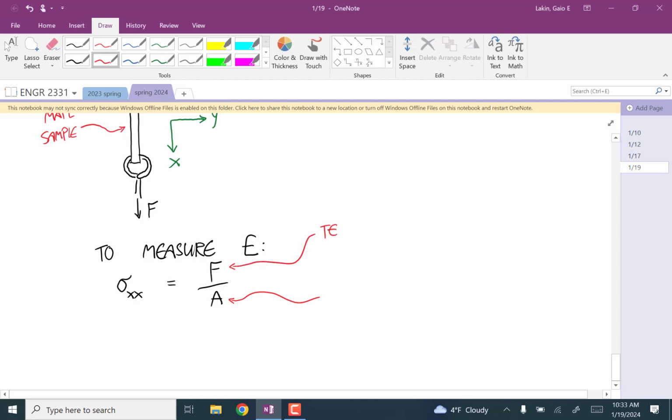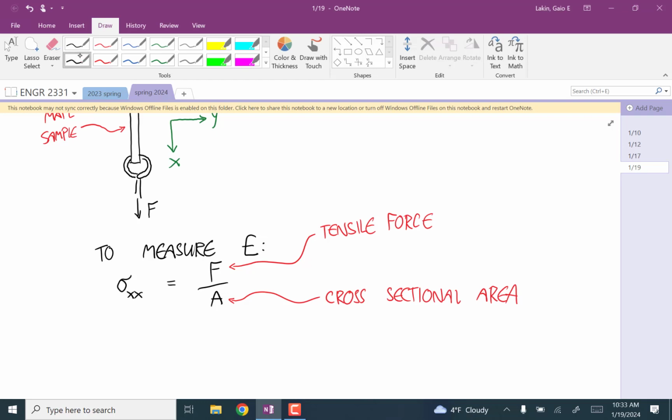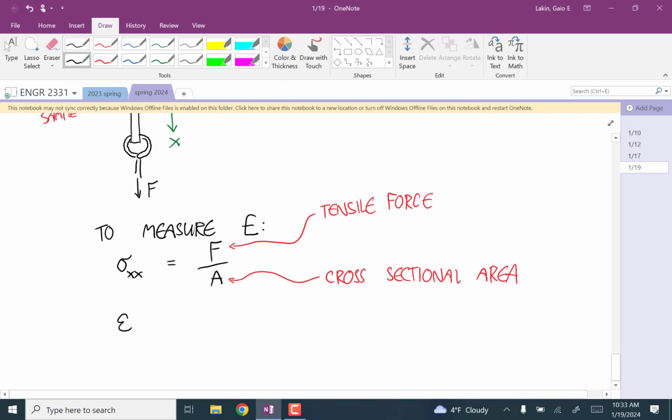F is the tension force, the tensile force, and A is the cross-sectional area. The normal strain is the deformed length minus the starting length, divided by the starting length.